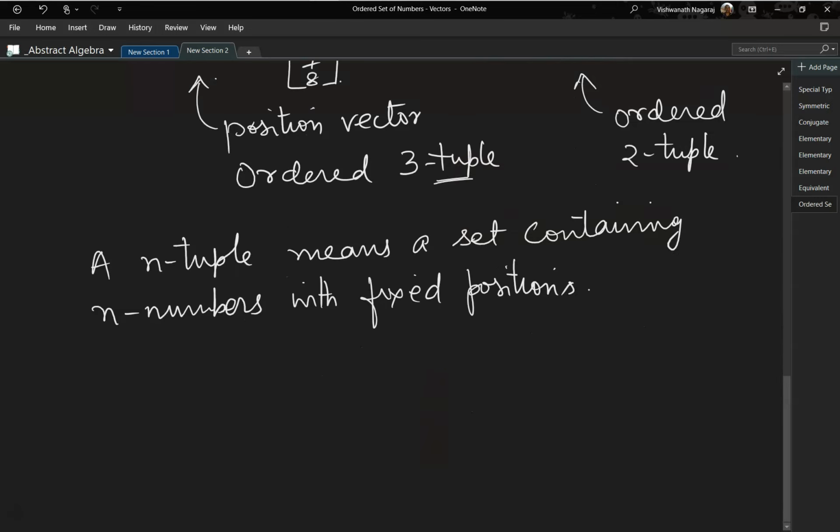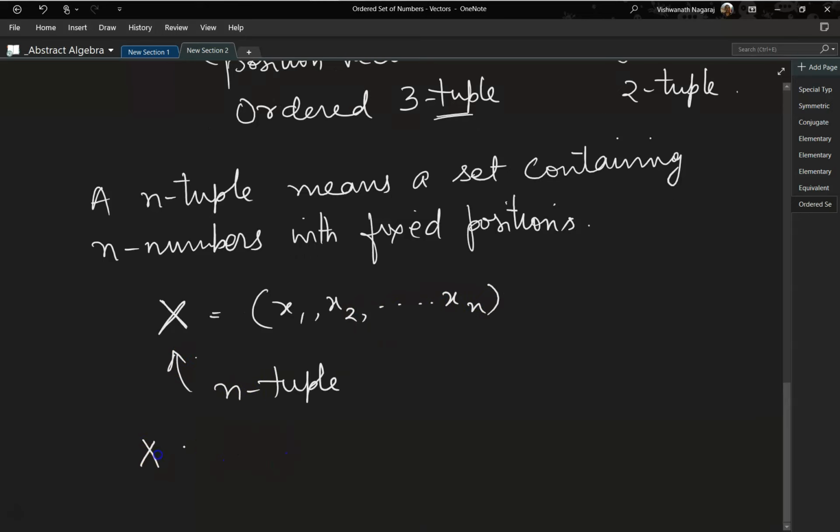Now let's say, for example, x is equal to (x1, x2, and so on up to xn). This is an n-tuple and x is called an n-vector.